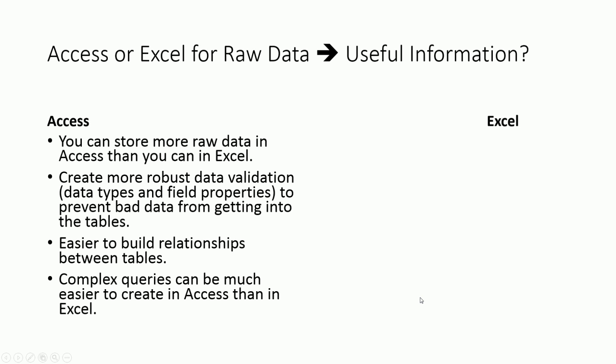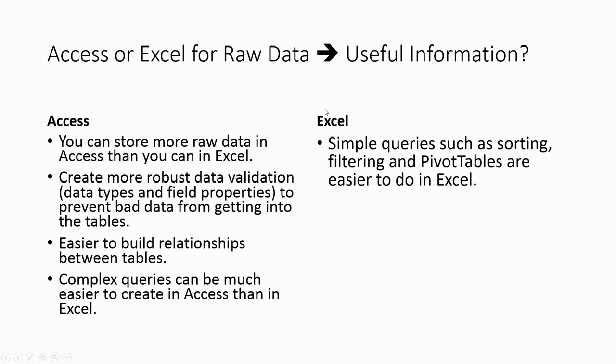So why do we use Excel? Well, Excel is quite amazing in some regards. Simple queries such as sorting, filtering, and pivot tables are easier to do in Excel. The example where we used the filter to show just Amazon, it's more complicated to create that query over in Access.